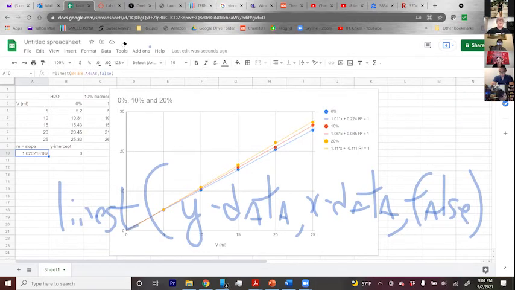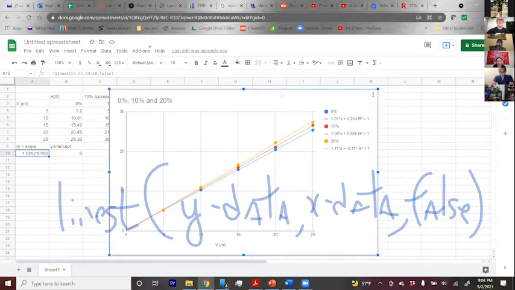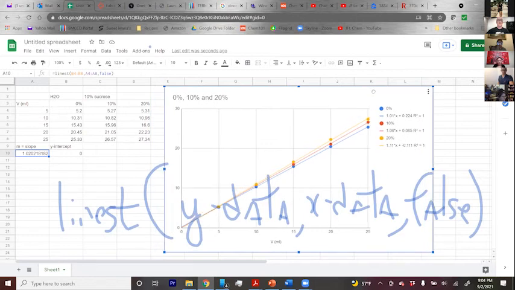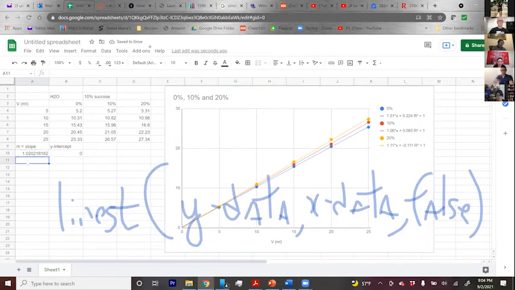All right, so next let's do the 10 and the 20. Let's move this out of the way. Come on, you. There we go. Move it out of the way a little bit. All right. So I'm going to do the same thing. So come down. So now it's going to be equal lin est bracket.